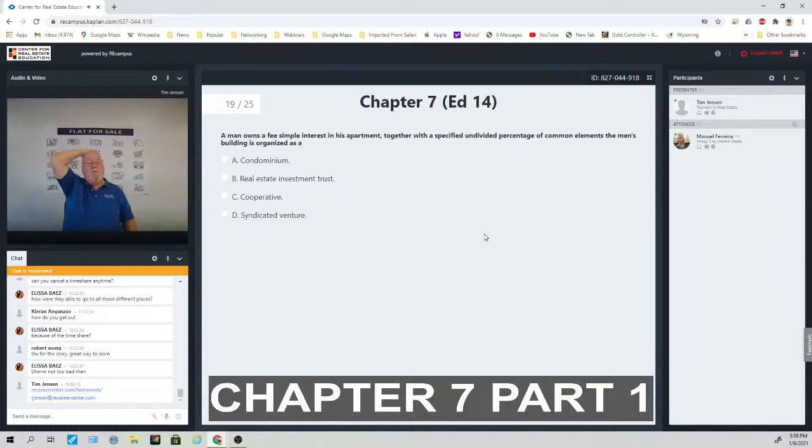A man owns a fee simple interest in his apartment together with a specified undivided percentage of common elements. The man's building is organized as a, 80% of you are correct who answered a condominium, A. Number 20, the buyer of an apartment receives shares in a corporation and a proprietary lease to her apartment.